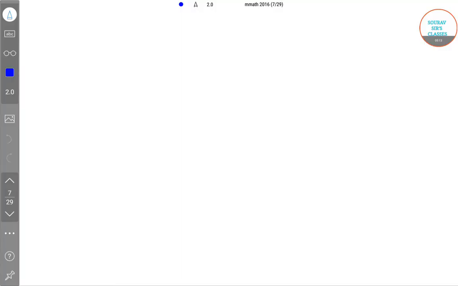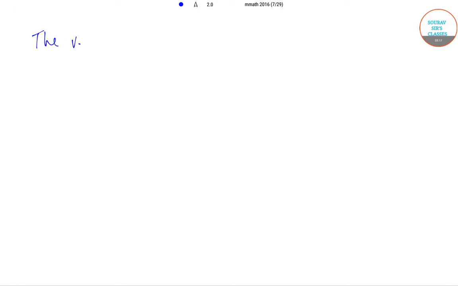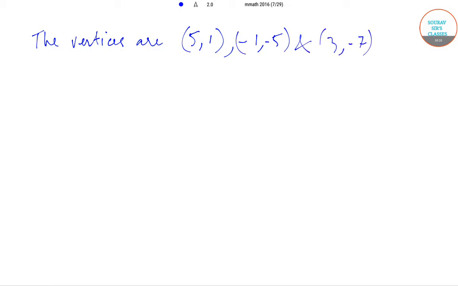Okay, so the points that we have got over here, the vertices are (5, 1), (minus 1, minus 5) and (3, minus 7).